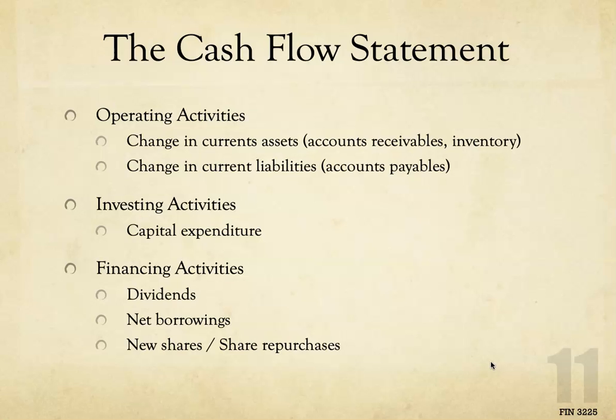They are the operating activities, investing activities, and financing activities. For the cash that we pay or the cash that we receive, they will go into one of these 3 activities. For the operating, we see current assets and current liabilities. For all these accounts, the change will affect the cash flow in the operating activity.